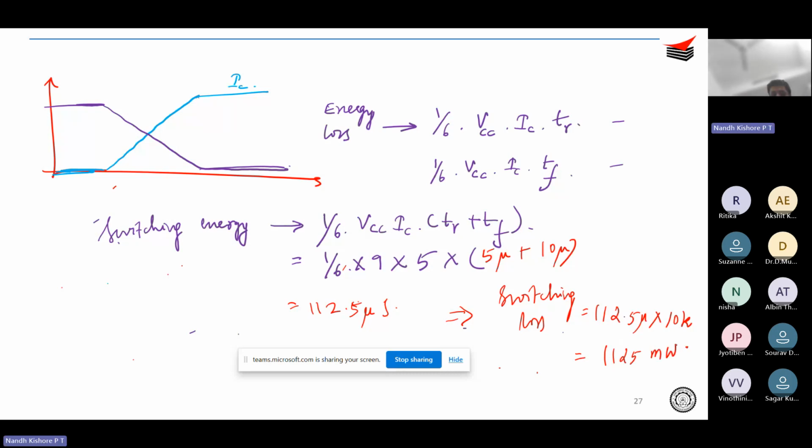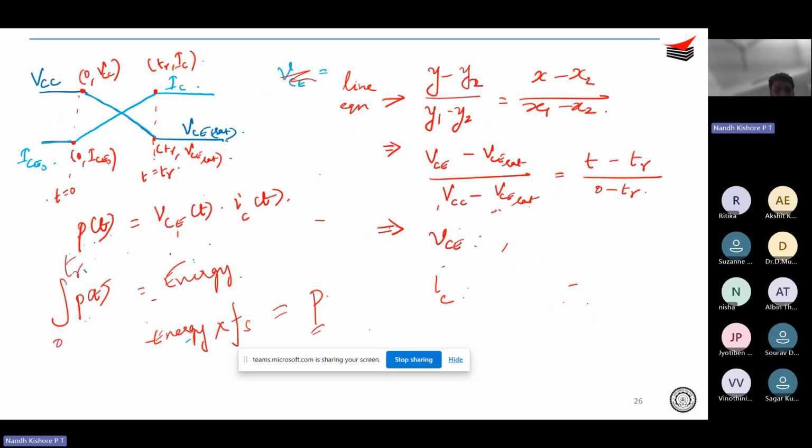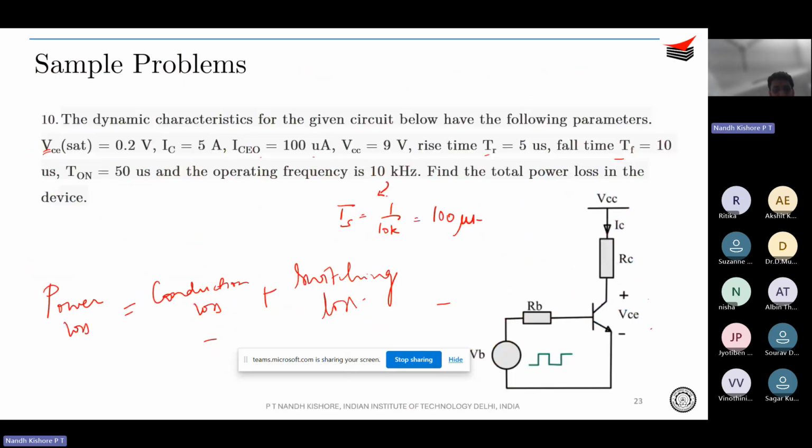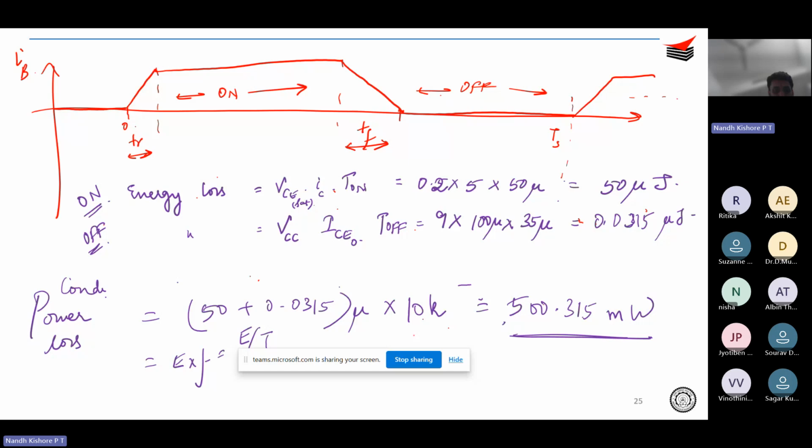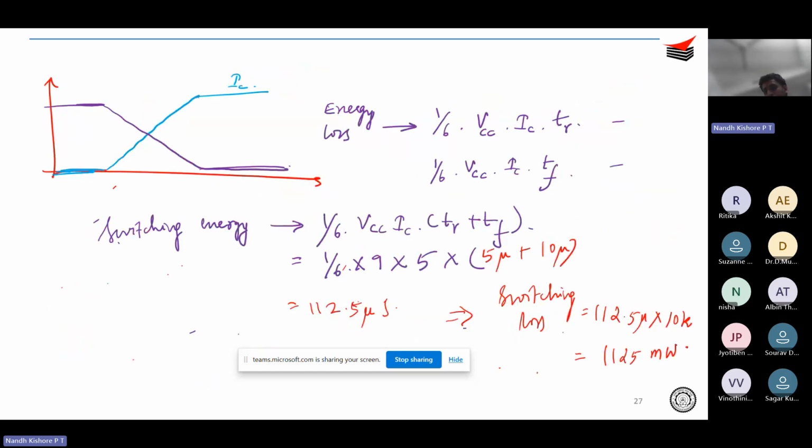So what will be the total power loss? Total power loss will be conduction loss plus switching loss. Conduction loss we earlier found to be 500, and right now the switching loss turns out to be 1.125.